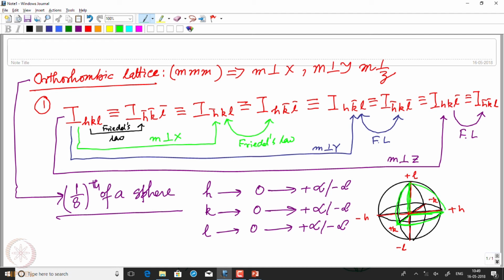As a matter of fact, the number of unique reflections that are needed to be recorded further decreases when you have higher and higher symmetry and you need lesser and lesser amount of data to represent the actual required data for any crystal structure determination. So in today's lecture, we have learned about the crystal mounting.